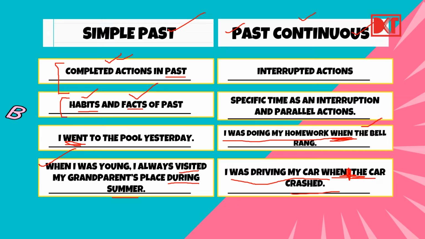Right? So simple past जो है कोई एक्शन जो कंप्लीट हो चुका है, जो हैबिट थी या फैक्ट था पास्ट का. और पास्ट कंटिन्यूअस जो कंटिन्यूसली एक्शन जो पास्ट में हो रहा था पर वो इंटरप्ट हो गया. कोई स्पेसिफिक टाइम एज एन इंटरप्शन एंड पैरेलल एक्शंस. Alright, so this is the usage of simple past and past continuous.